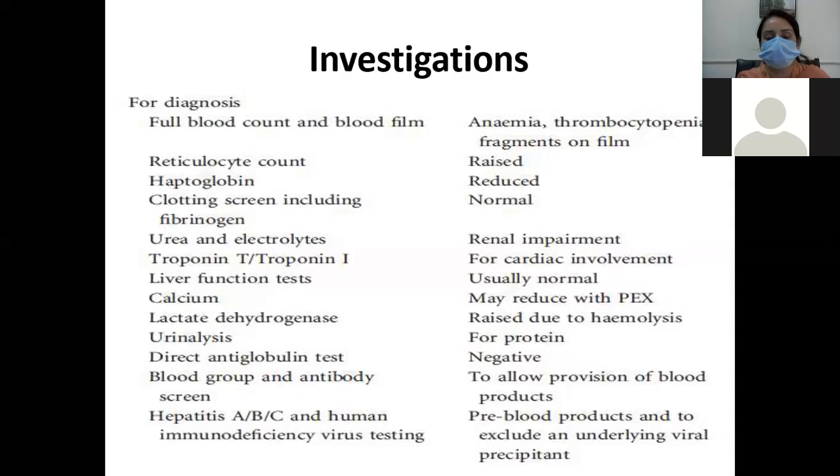There can be urinalysis and the direct antiglobulin test or Coombs test, which will be negative in these patients. Blood group and antibody screening will allow the provision of blood products, and we can also do hepatitis A, B, C and HIV virus testing to have safe blood products and to exclude any underlying virus.